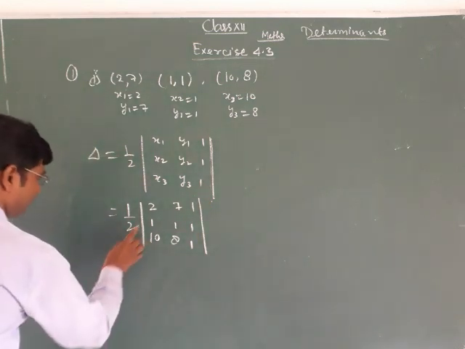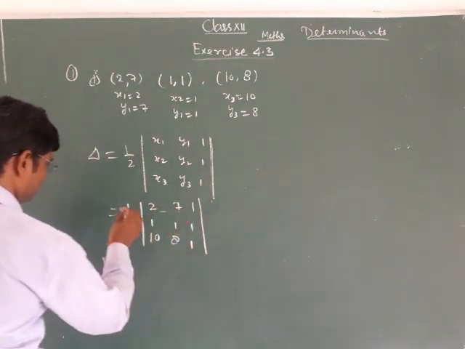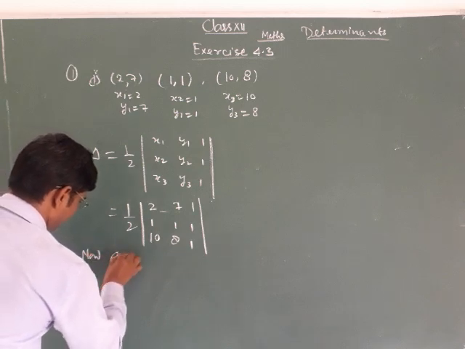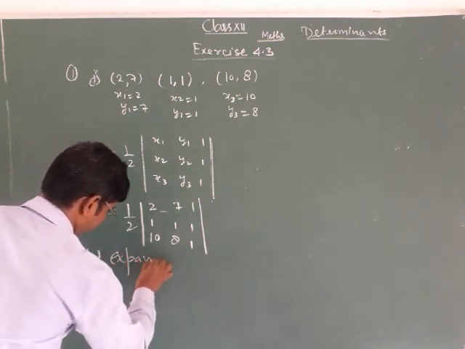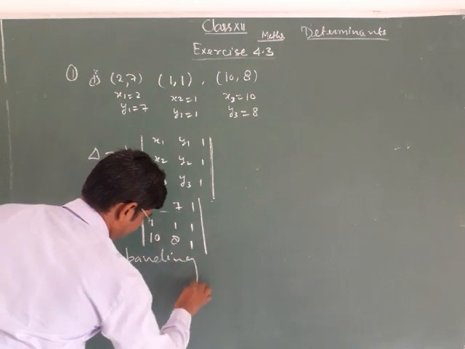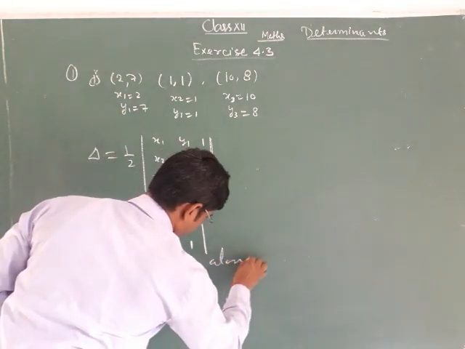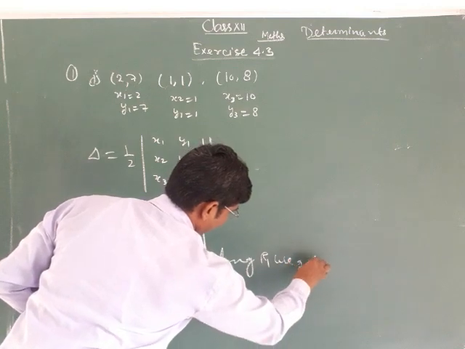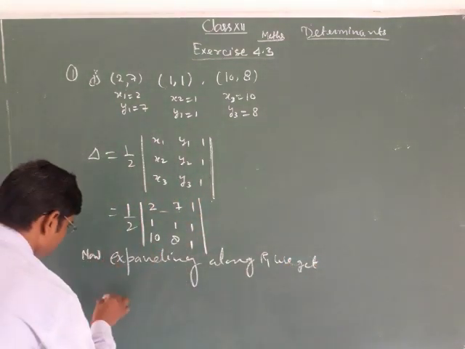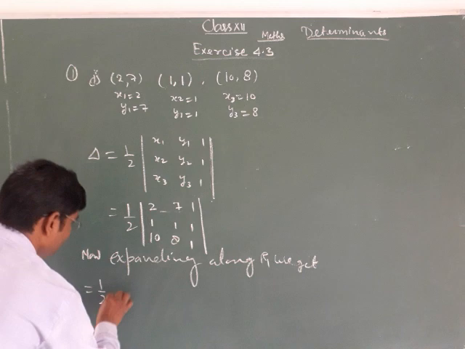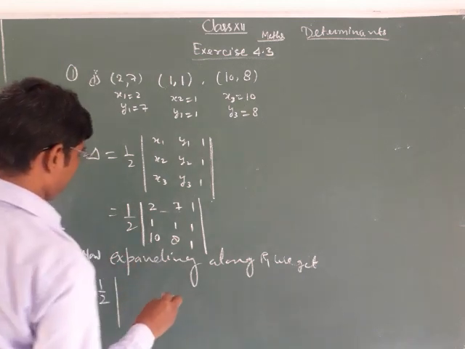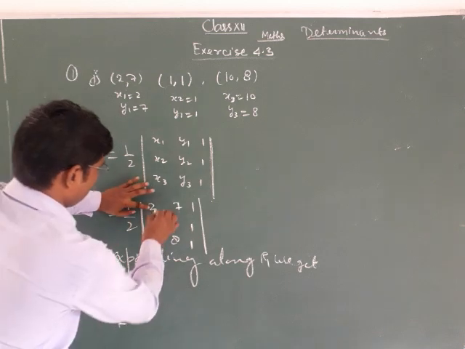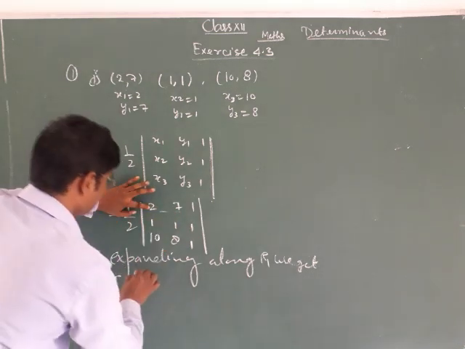So now expanding along R1, we get 1 by 2.